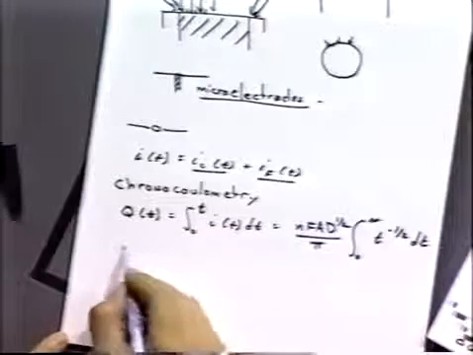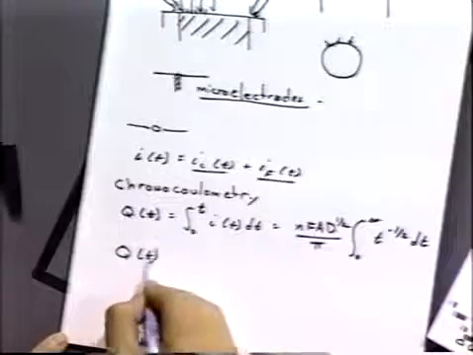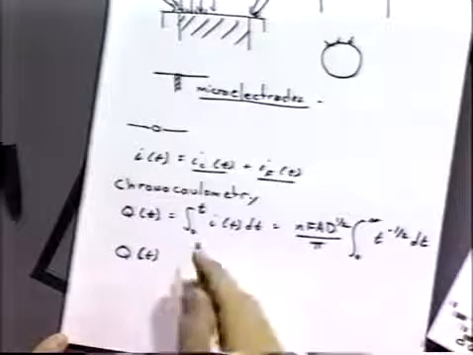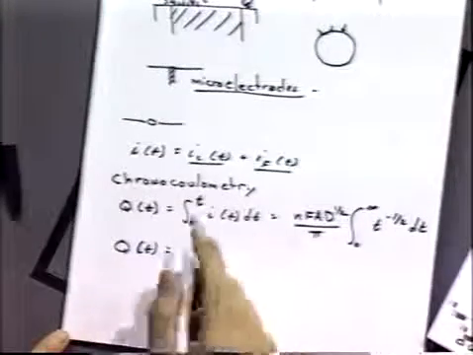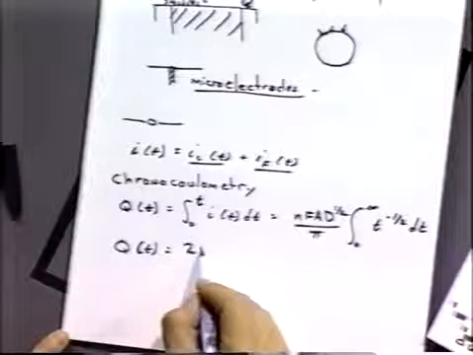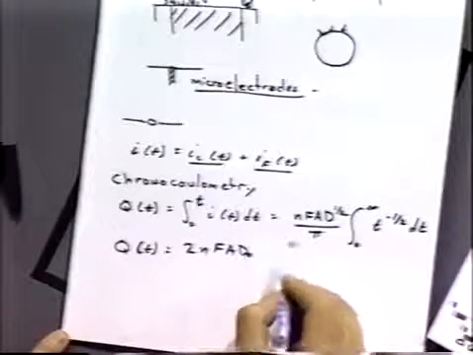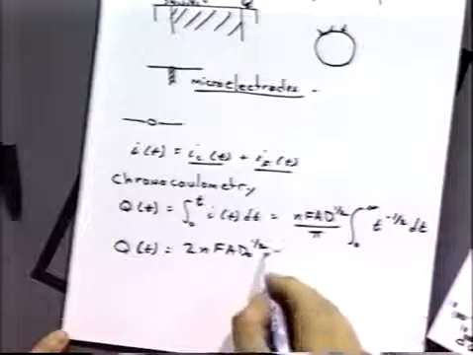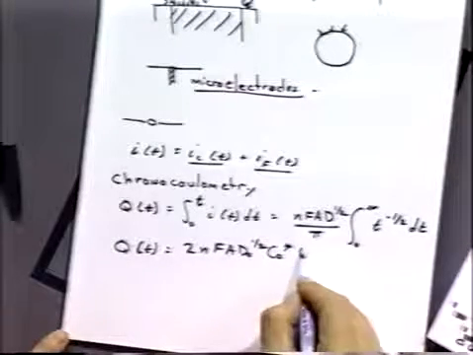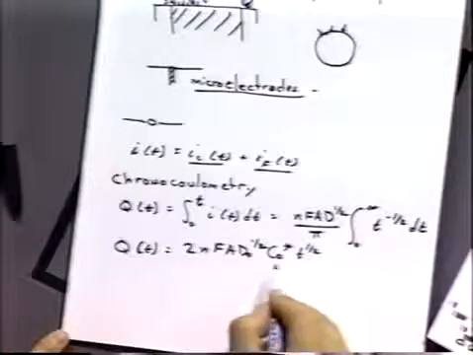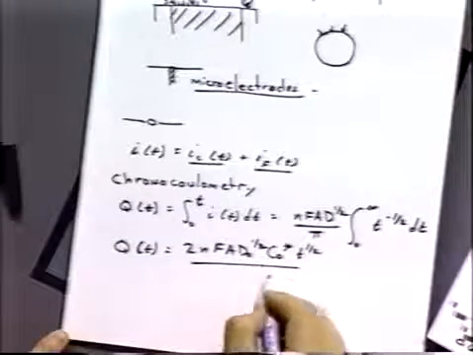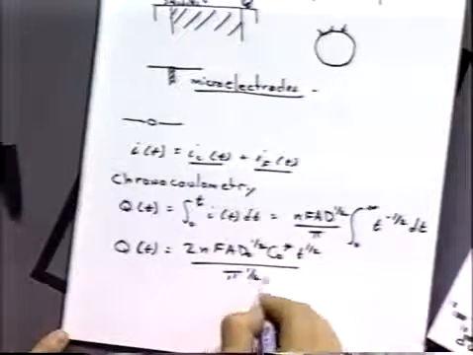The equivalent of the Cottrell equation in chronocoulometry would be Q as a function of time equals 2 n F A D0^(1/2) C0* t^(1/2) over pi^(1/2).